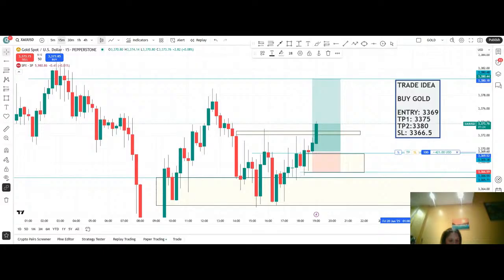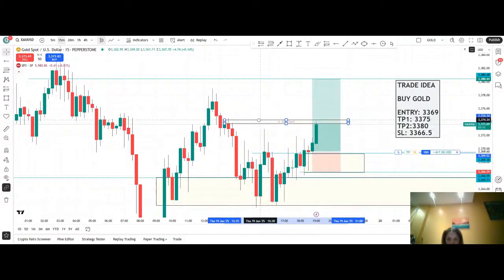3374, price is currently at 3374. As you can see, it's now testing this area here.